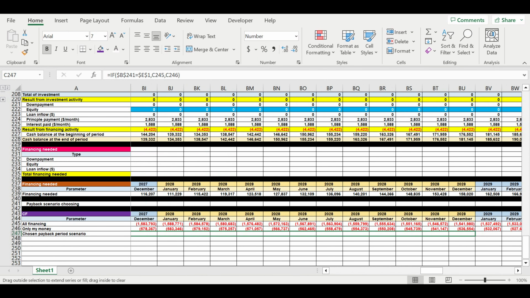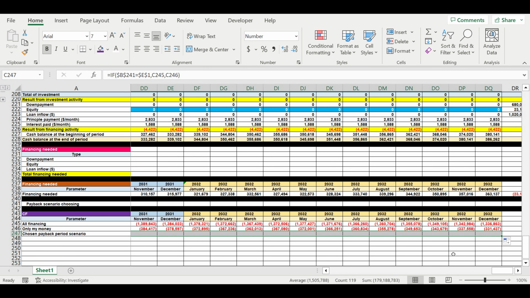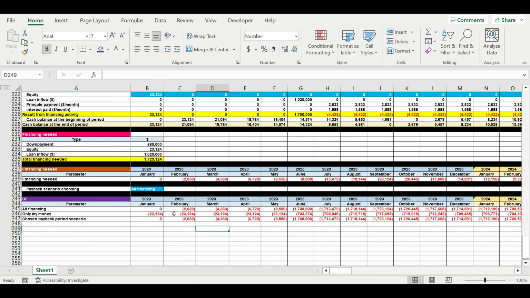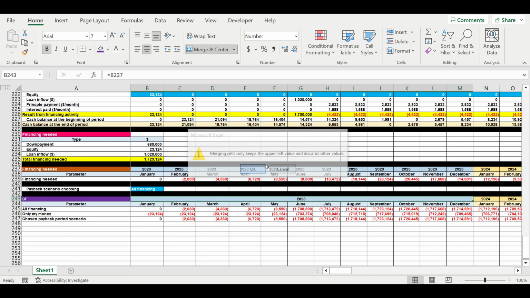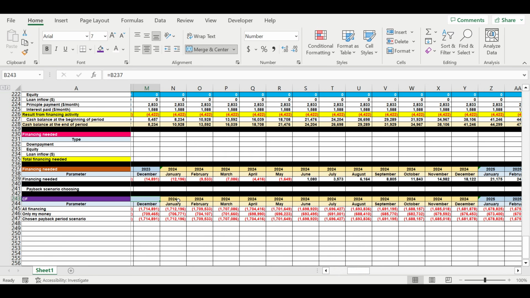So now I'm extrapolating this to the right, and now I can create the diagram of that. So this will be 2023, 2024.